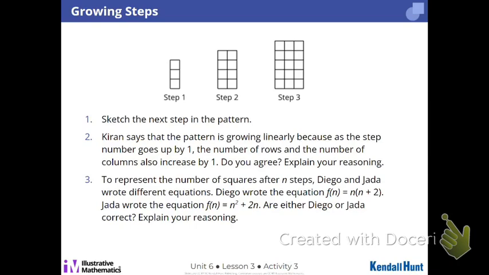Grow in steps. Who can explain to me what they drew for step 4? What did you draw for step 4? All right, Ava. I drew a 4 by 4 square and then I added 2 rows. Okay, I like how you explained that. 4 by 4 square.